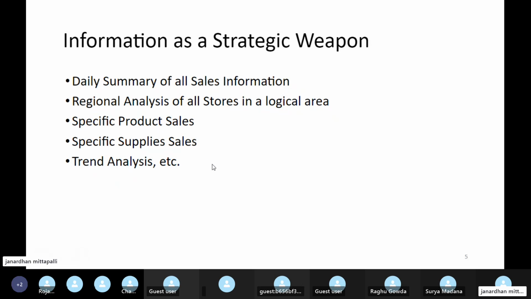Trend analysis also, you can see how it is trending. We have seen Tableau and Power BI, how it is trending now. In the same way we can see the trend analysis with respect to years or months or any other comparisons.